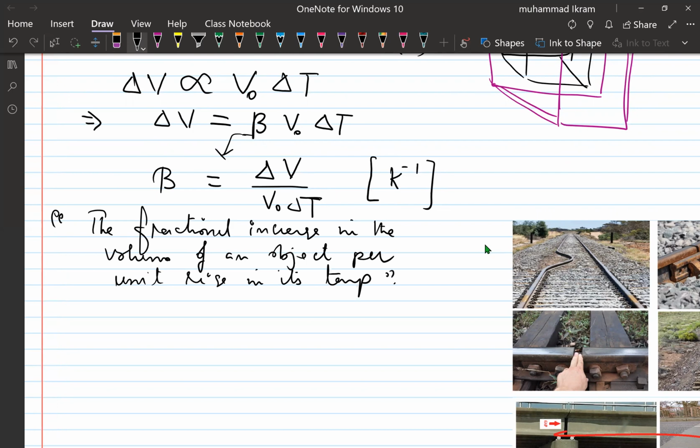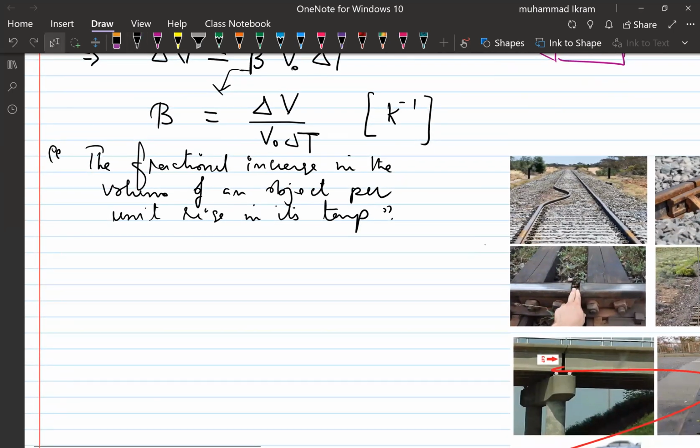Right? Now, the most important point which you must remember is that beta is always equal to 3 times alpha. What does this mean? That the coefficient of volumetric thermal expansion is 3 times larger than the coefficient of linear thermal expansion, and it is easy to understand why. Because for the volume you have 3 dimensions, right?